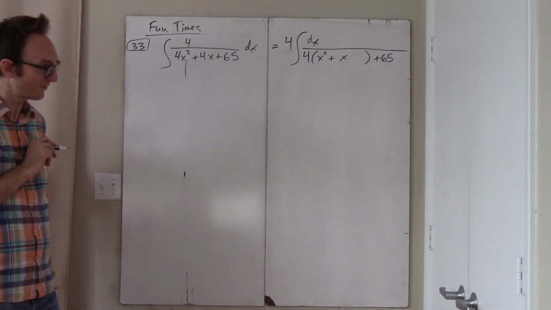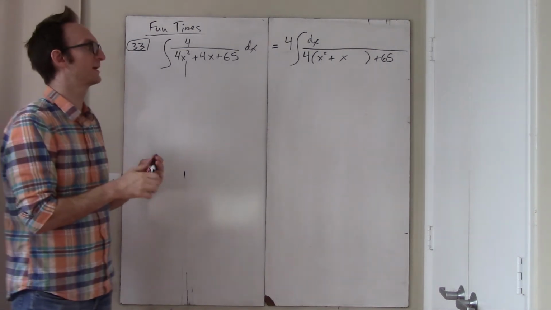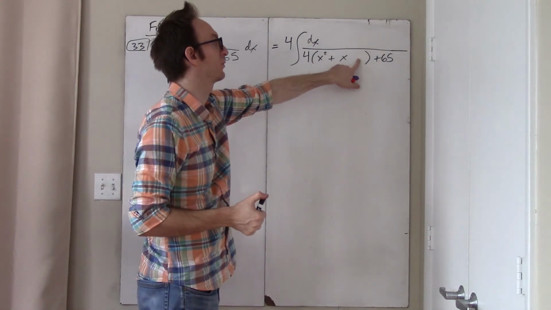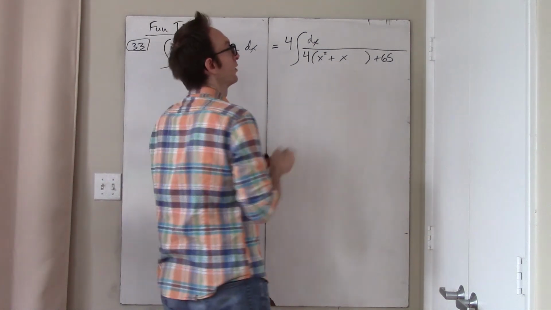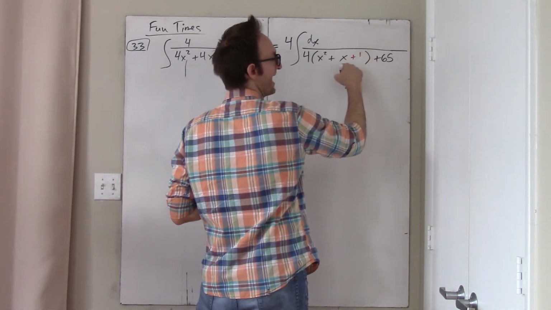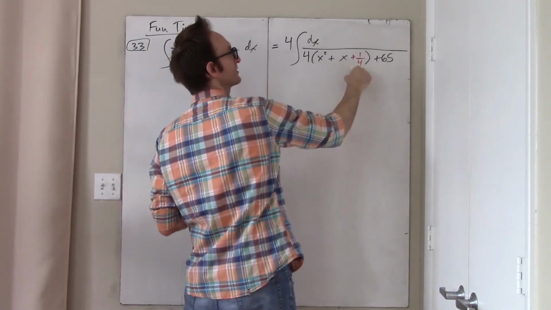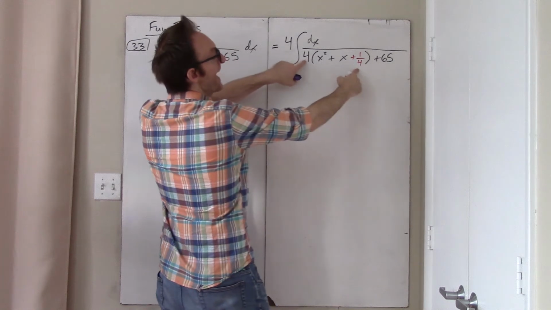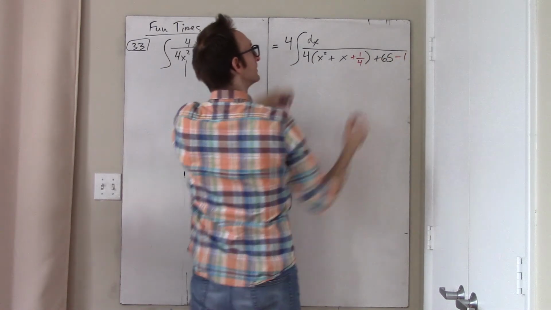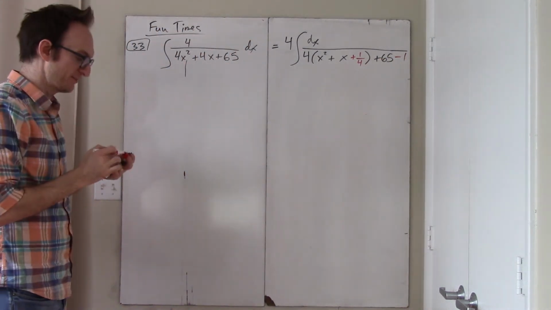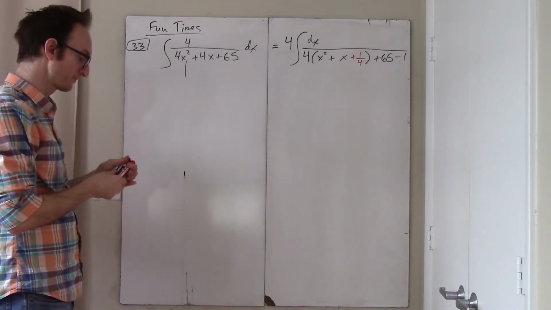Looks good so far. Well, one number goes here. It has to be 1/4, because half of 1 is a half, so squared, that has to be 1/4. And then 4 times a fourth is just 1. So now I just added 1, so I need to subtract 1. This is just algebra 1, but you still have to do it correctly.